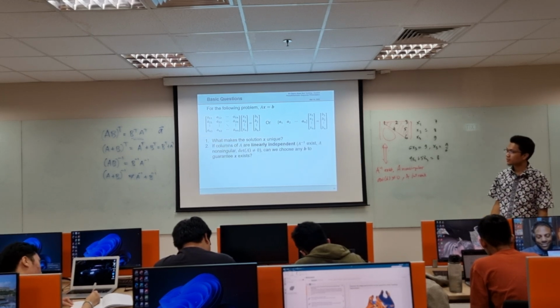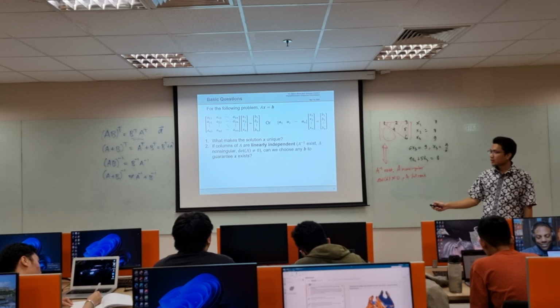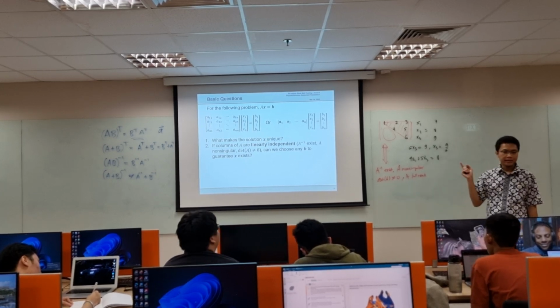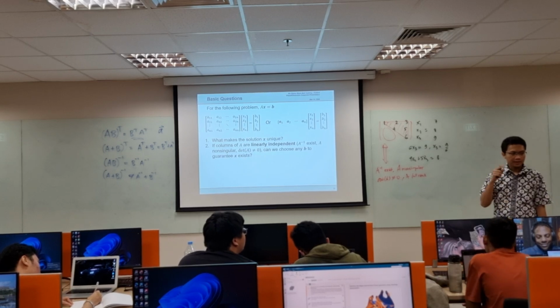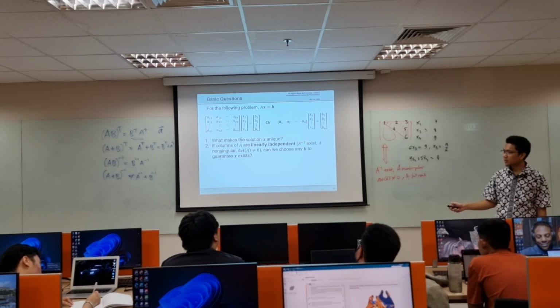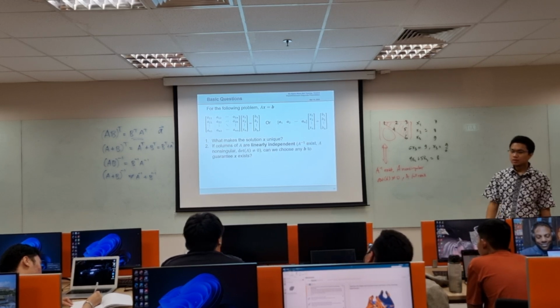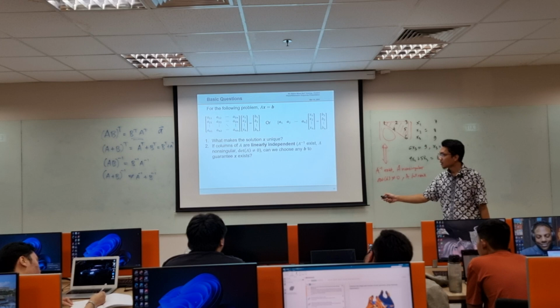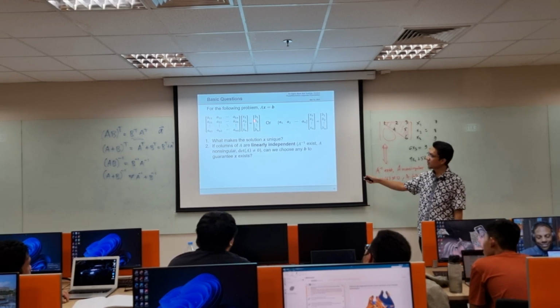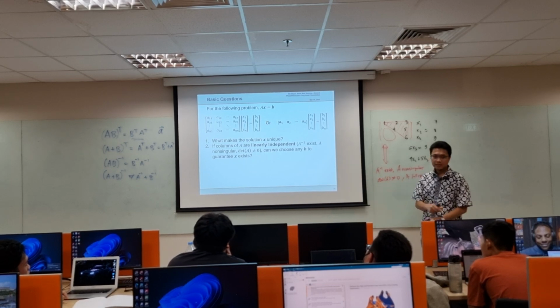The next one. So we know that the condition for X to be unique is that matrix A is full rank, or A inverse exists, or determinant of A is non-zero. With that, my second question: can we choose any B here to guarantee that X exists?